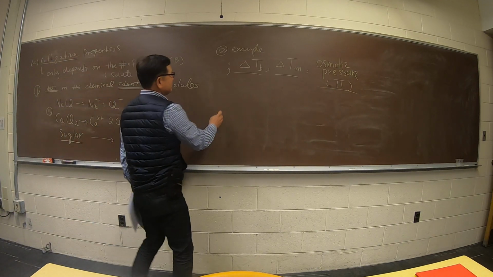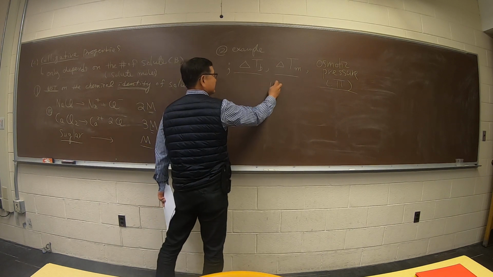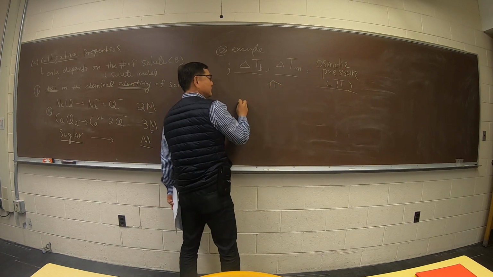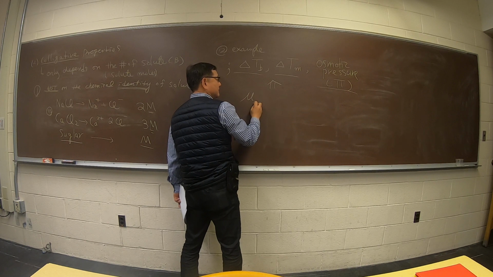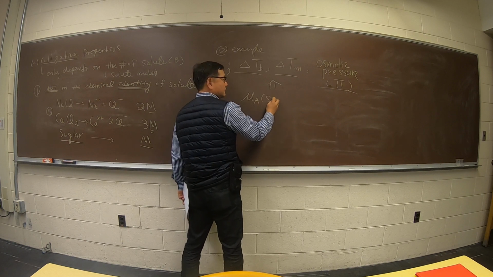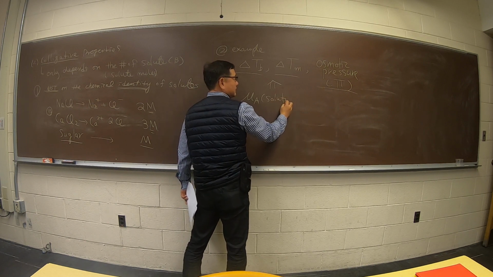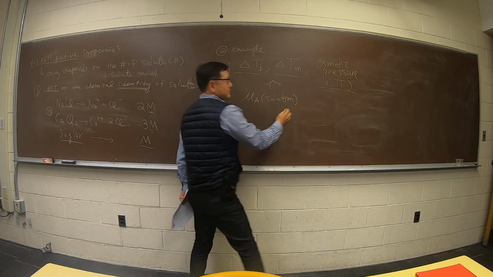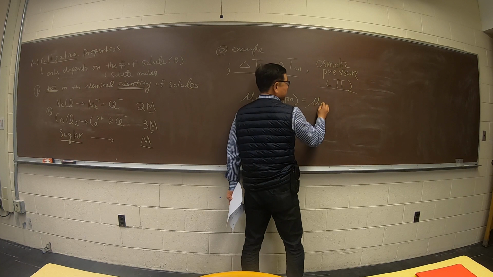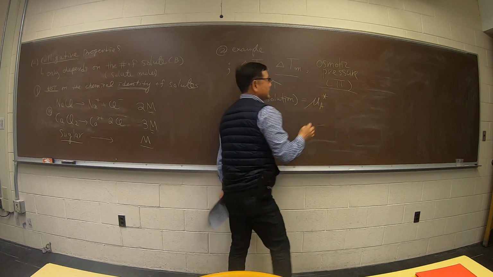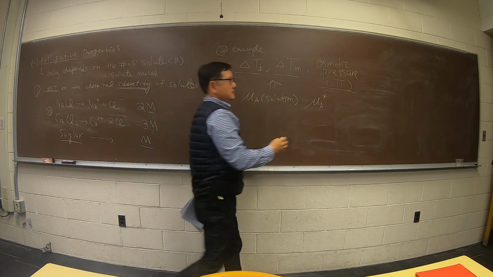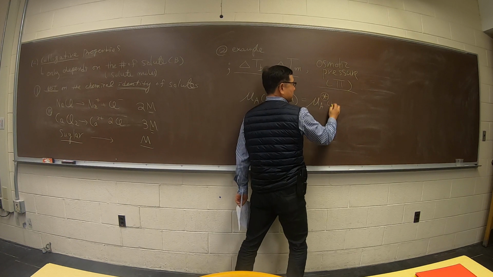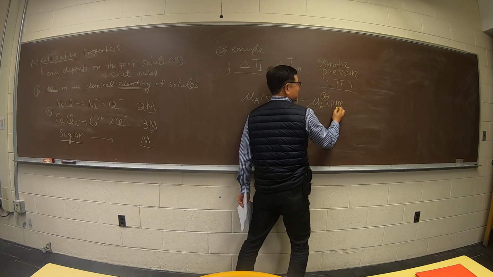Why is this all coming about? This colligative property essentially has something to do with the chemical potential of the solvent in solution. So this is the chemical potential of A. You know what star means? Star means pure solvent.